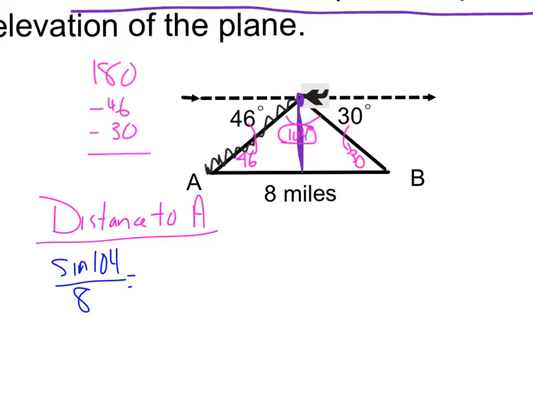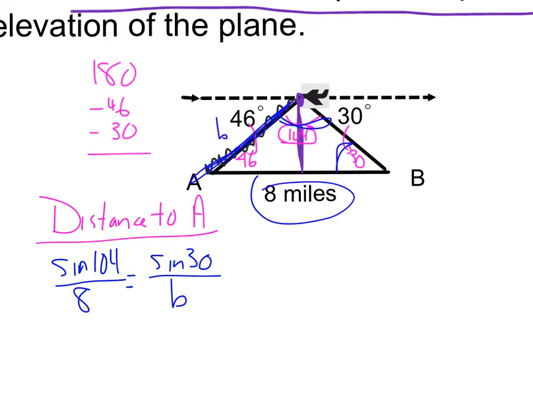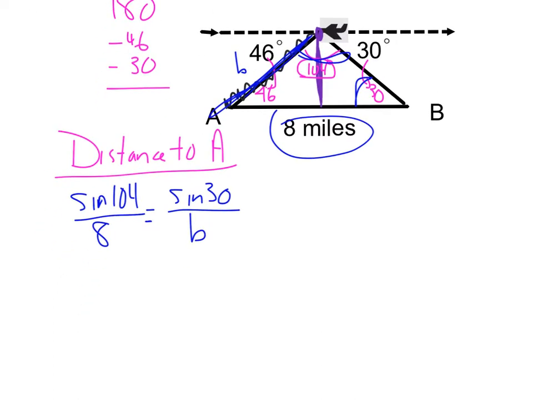That's going to be equal to the sine of 30 over, we'll just call it, little b. Okay, so taking the sine of 104 over 8 equals the sine of 30 over this length right here, which I'm calling b, which I also want because that is just going to be the distance from A to the plane. So I'm taking 8 times the sine of 30. That's going to be equal to b times the sine of 104.